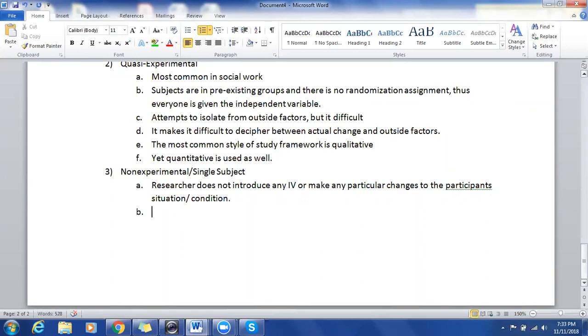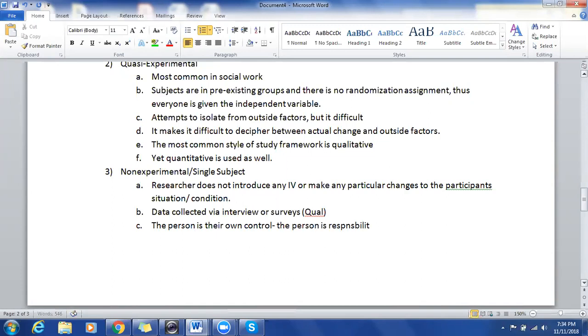And as we look at this, data is more or less collected via interview or surveys, which is the good old qualitative, because it's quality and we're getting a little more privy about people's perspectives, and the person is their own control, which is basically fancy for saying the person is responsible.